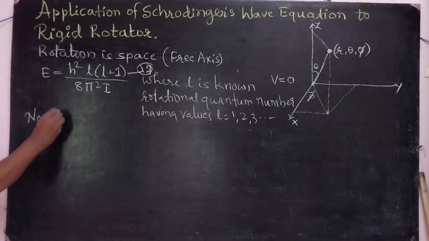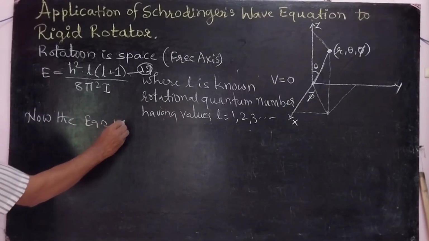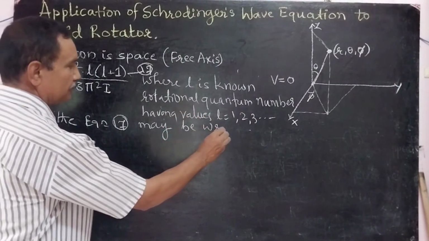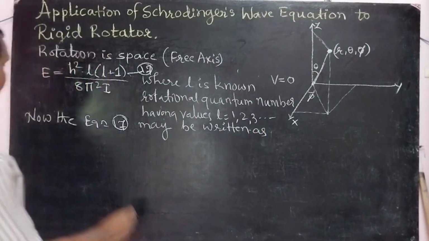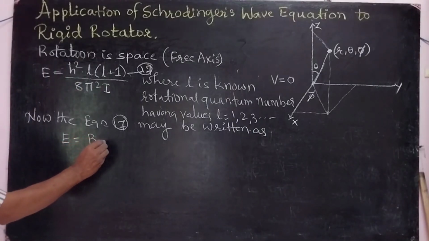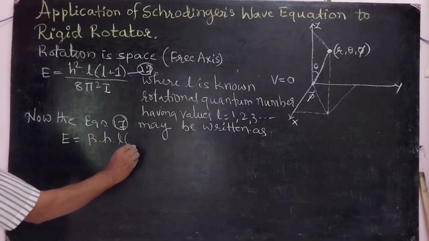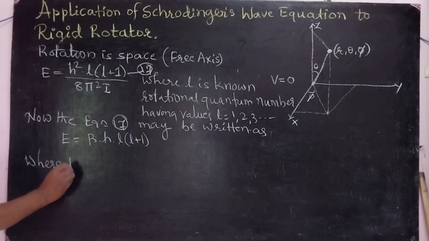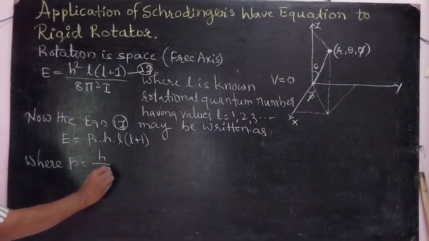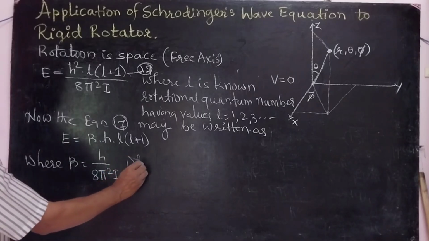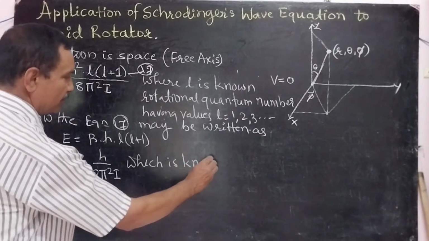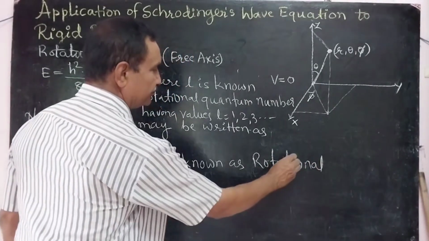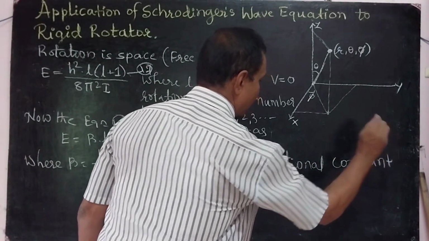Now the equation 17 may be written as E equal to beta h L into L plus 1, where beta equal to h divided by 8 pi square I, which is known as the rotational constant.